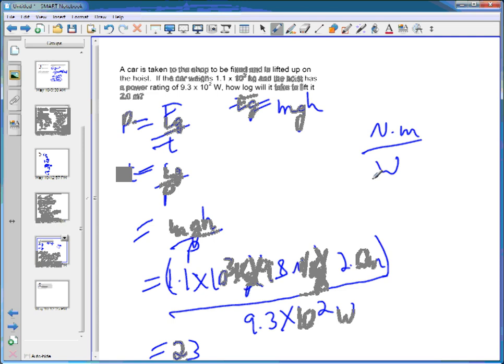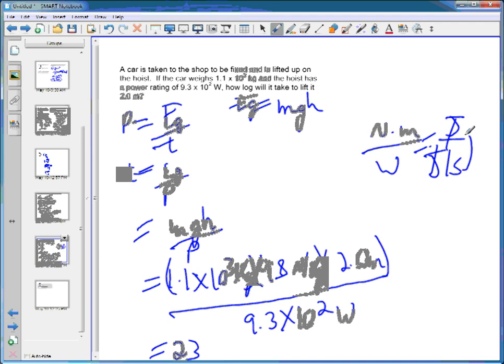A watt is a joule per second. A newton meter is a joule. Therefore, the joules cancel out, the seconds move to the top, and we're left with seconds.